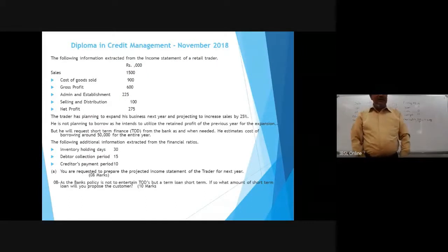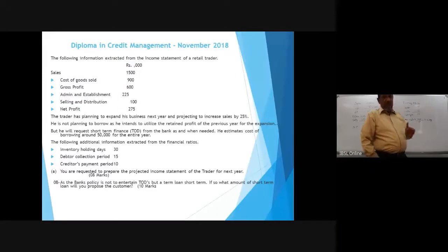To get this 1,125, how much should he invest in stocks? That we have to work out, the purchasing of stocks, for which we have to work out the holding days. This is the concept we are using.